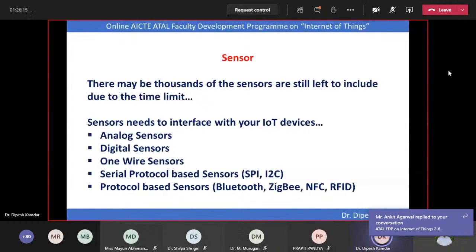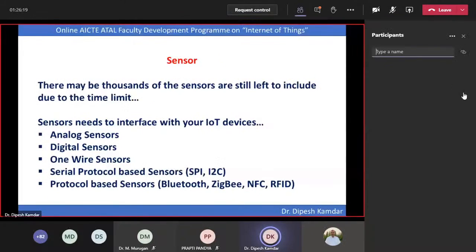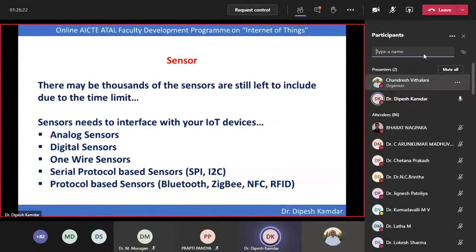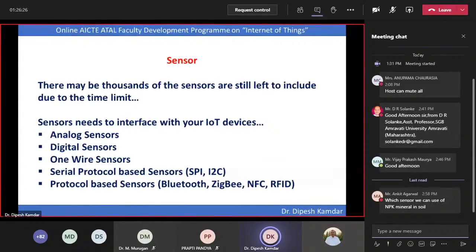Whatever the measured quantity is, it converts and can transmit it to your controlling device with the SPI or I2C buses. Some of the sensors are able to sense, convert, and transmit the data with Bluetooth, Zigbee, near field communications, or RFID.